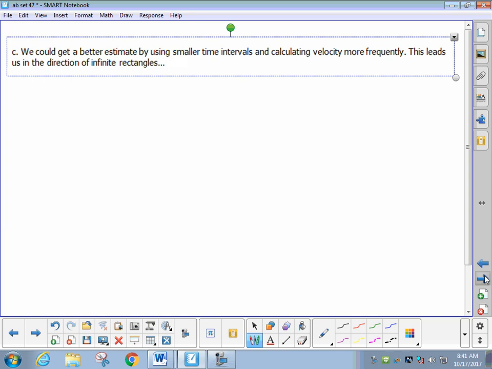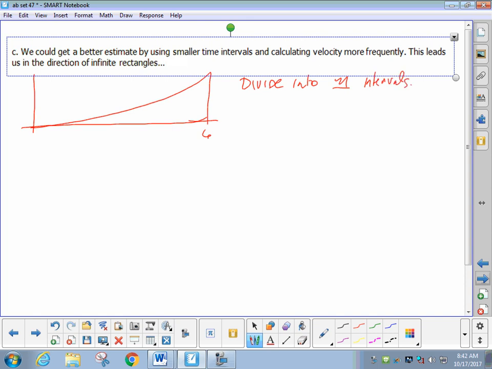So say we took this to the extreme, and instead of dividing this into 6 chunks, I am going to divide it into n intervals. Each time interval would be the total time of 6 seconds divided into n chunks. So each interval is going to be 6 divided by n.